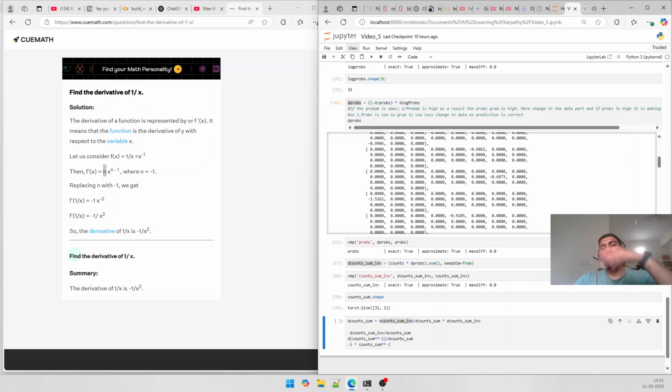We have 32 rows, each having one column, which is a summation of all of those. If I have to see, the 0th is 10.9.